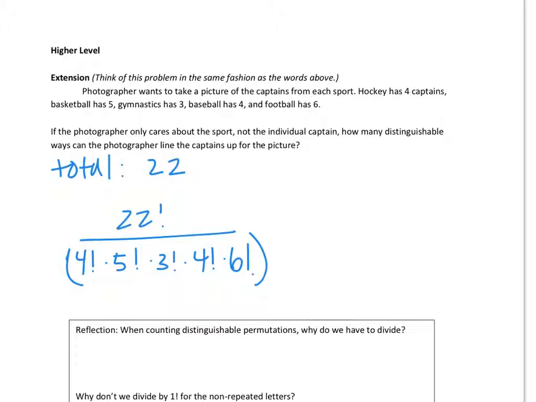Parentheses again when you're putting this in your calculator, and we are going to get a really big number, like 3,764,255,000,695,200. So a lot of different ways we could organize all those 22 athletes for the photo.